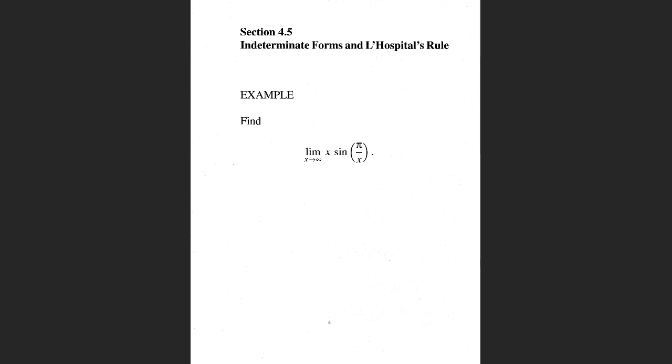X goes to infinity, and the sine of pi over x goes to the sine of 0. But what is the sine of 0? That's 0. So you have here one function going to infinity, another function going to 0. This is an indeterminate form.